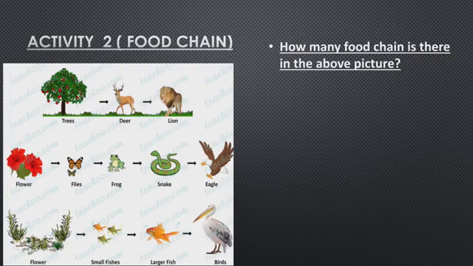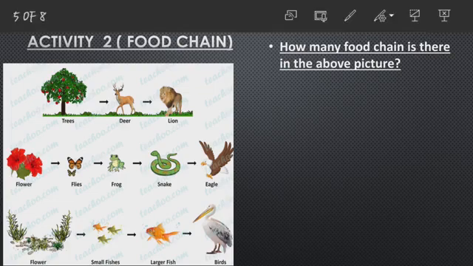Each food chain should start with a what? A producer. The producer is what? A plant. So each food chain should start with a plant.